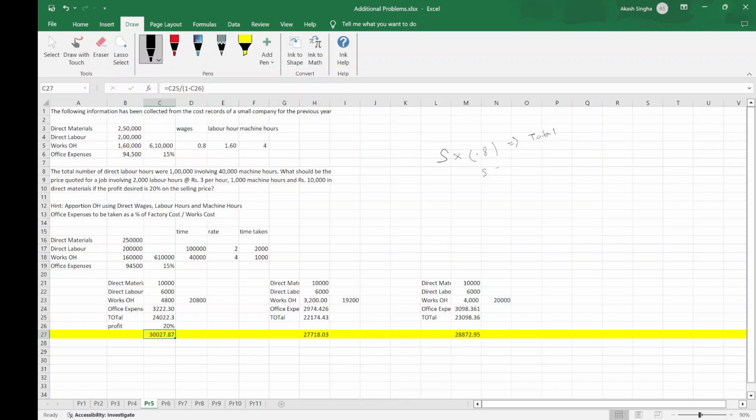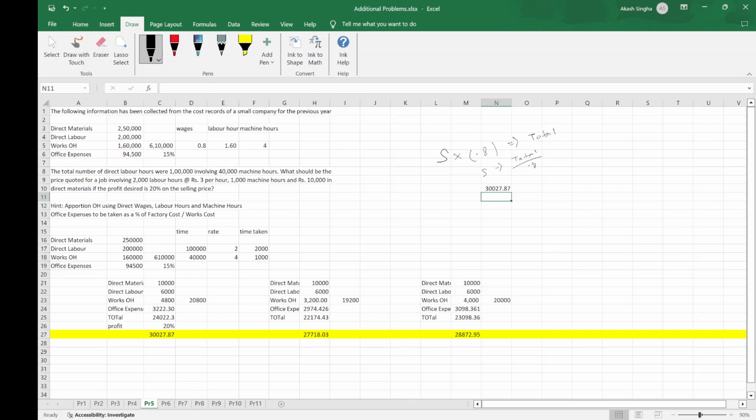So selling price would be total by 0.8. The total is 24022, by 0.8. This value.